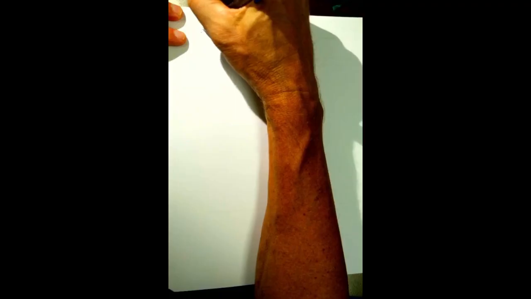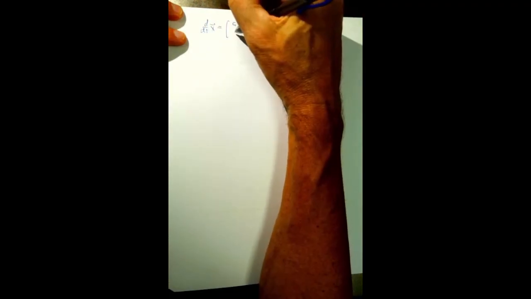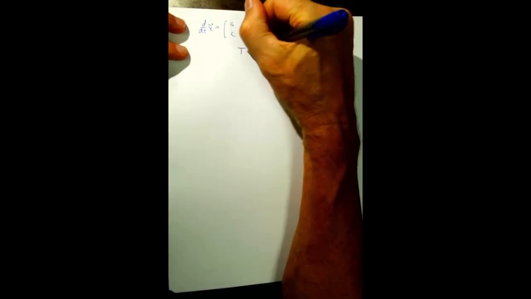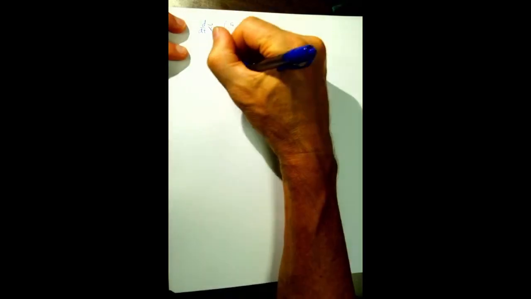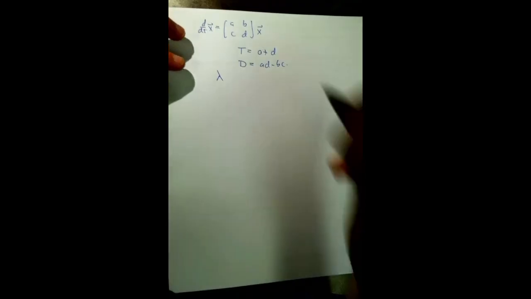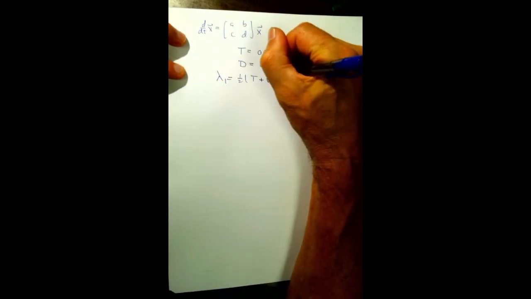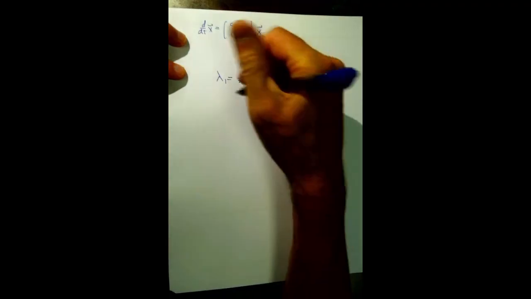So we have a linear system. It's a 2 by 2 case. Our matrix is A, B, C, D, times X. I know that the trace is A plus D, and the determinant is AD minus BC. That implies that my first eigenvalue, lambda 1, is 1/2 quantity T plus the square root of T squared minus 4D.